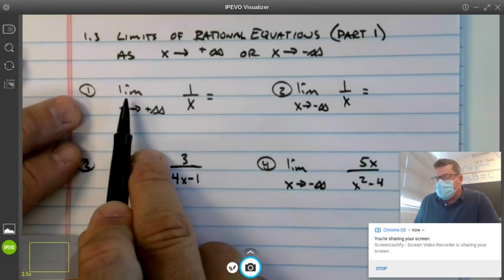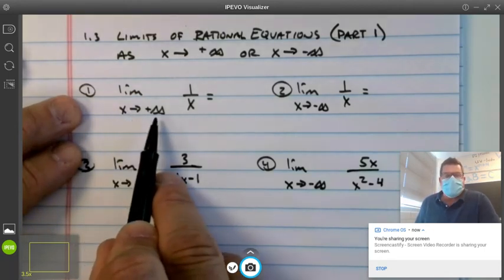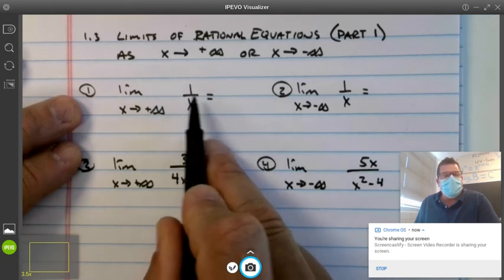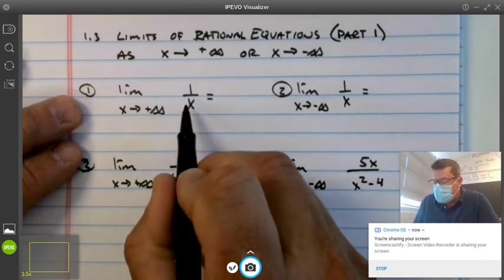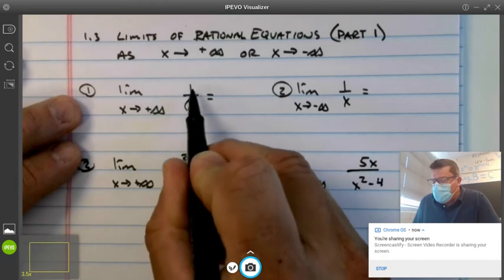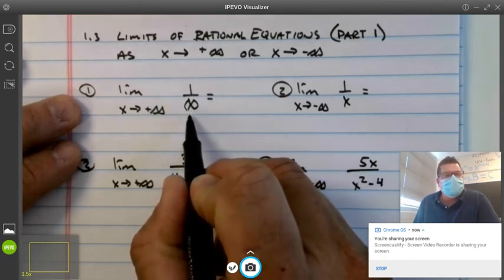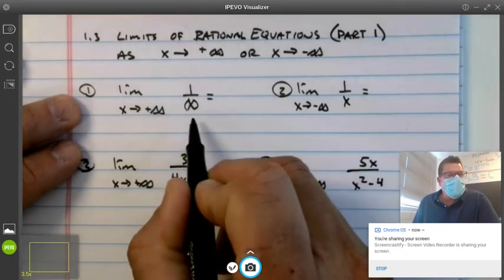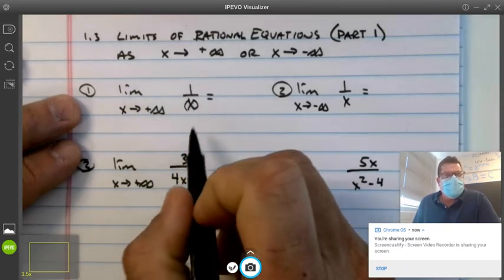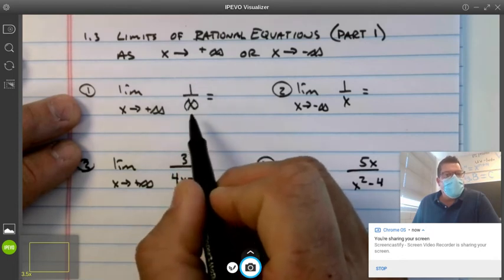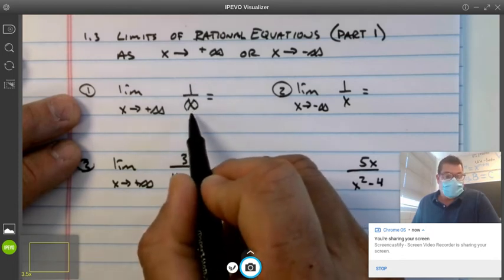If you take a look at this, the limit as x approaches positive infinity of 1 over x, and you replace all your x's with positive infinity, 1 over a super large number, imagine infinity to be 1,000. 1 over 1,000, it's pretty small. Or 1 over a million, or 1 over 10 trillion.